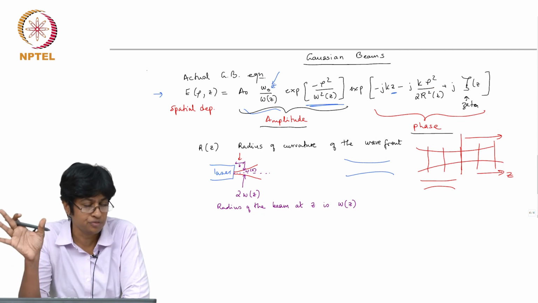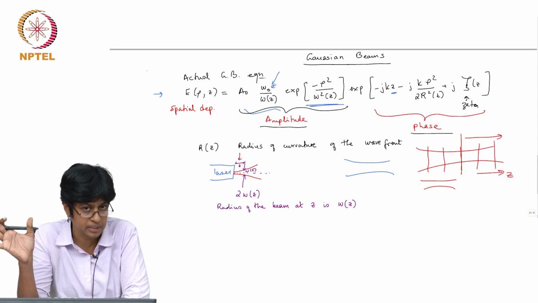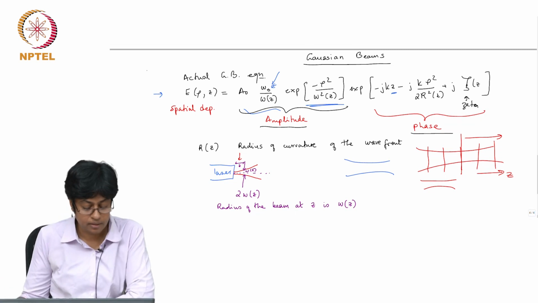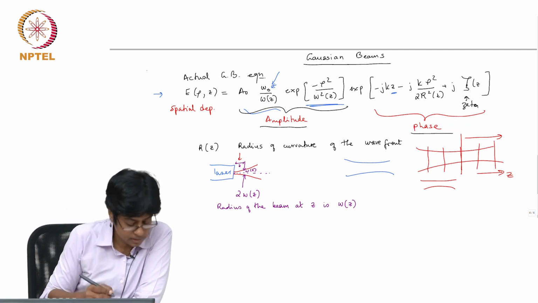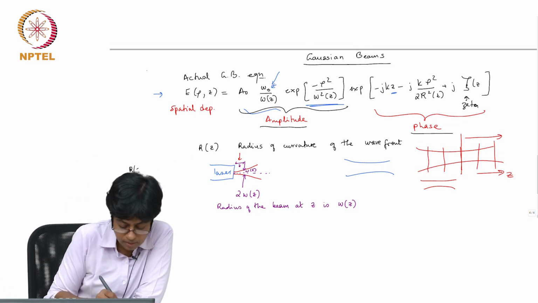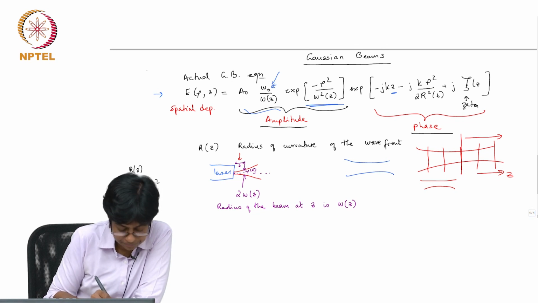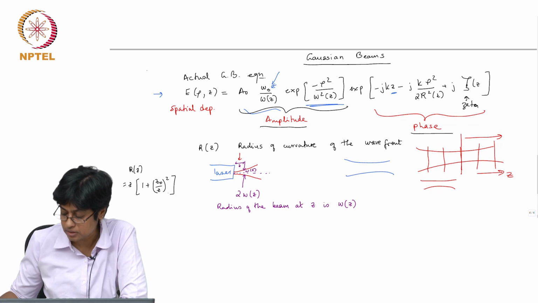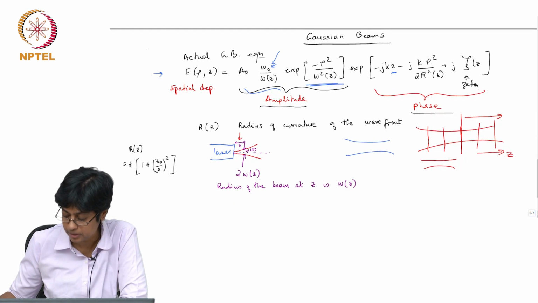So do not get confused with these two parameters, both very important but completely different. Okay, so R of Z actually has this expression. We will come back to this. I right now just want to give you these expressions.